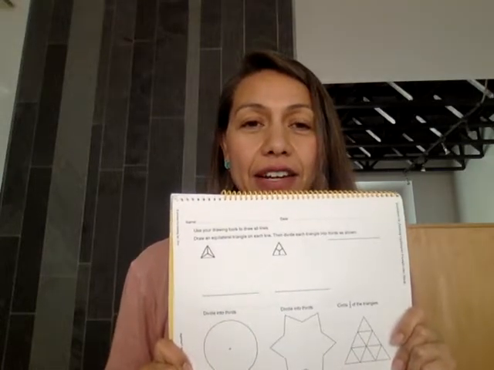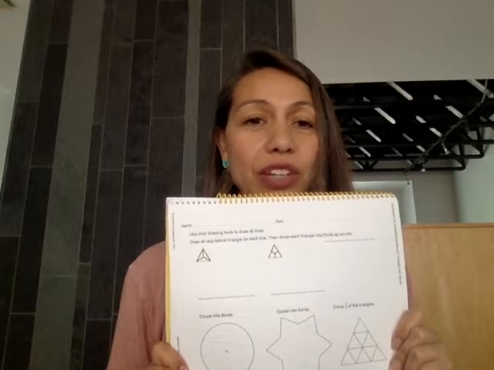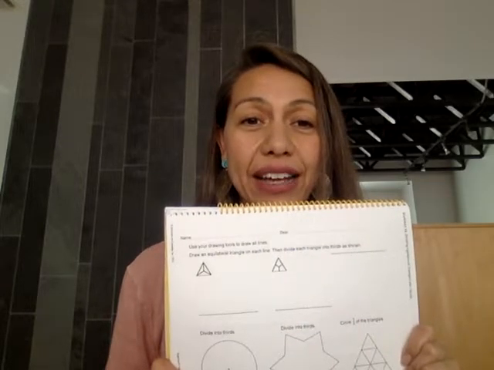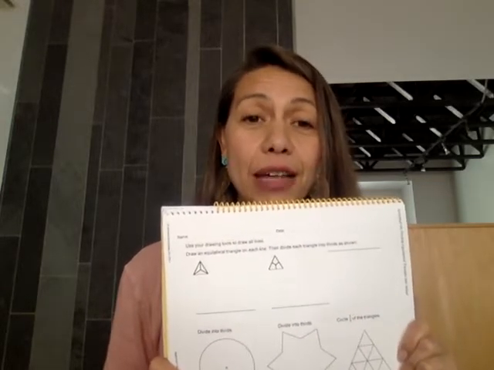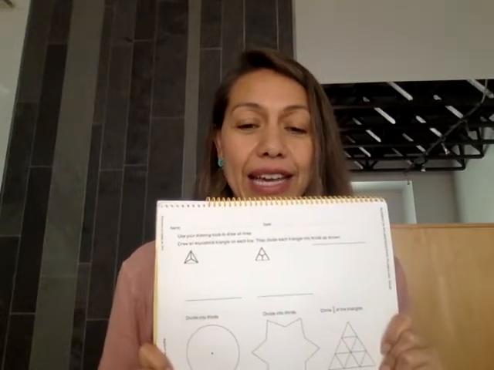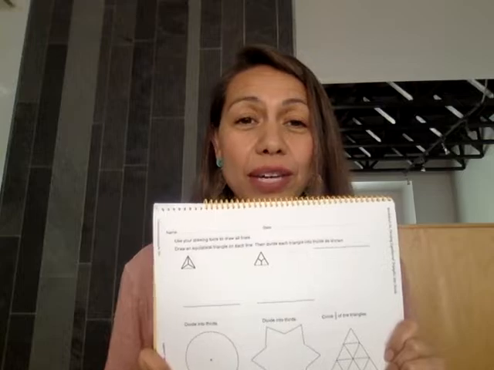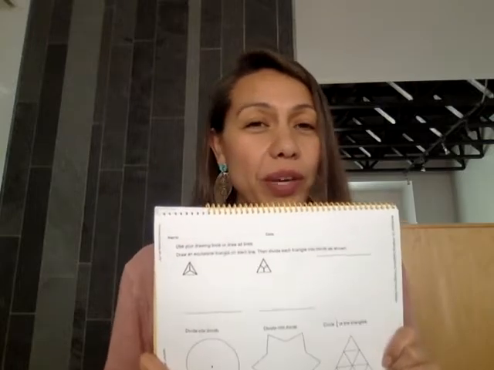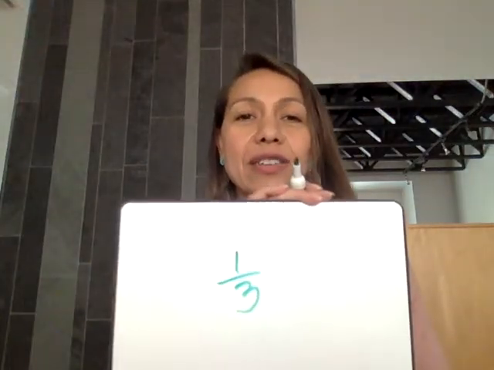It is a very, very simple worksheet where you are just going to draw triangles and you're going to divide them into 3 equal parts. And when we divide something into 3 equal parts, what do we call each part? I can't hear you. We call it 1/3. Okay.